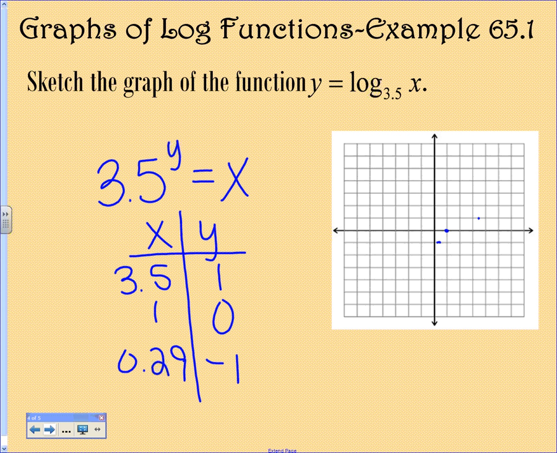Now what? Okay. What else? Gotta have another end. Where does it keep going? Keep going down. Does it ever cross the y-axis? So it gets really, really close, but it never actually crosses.